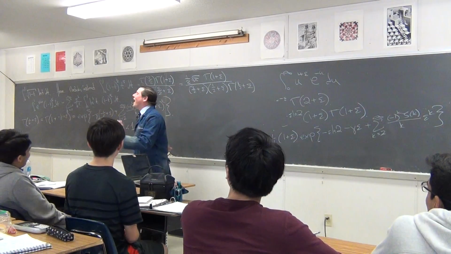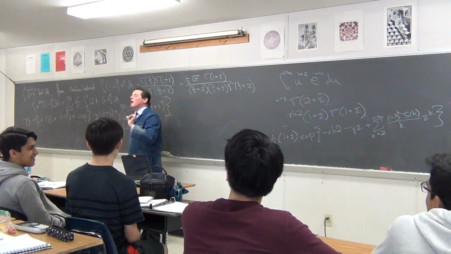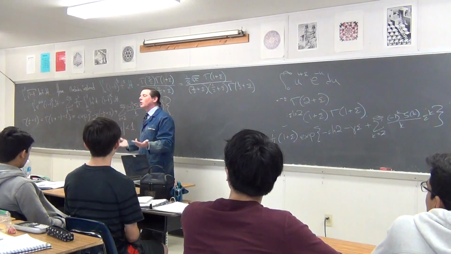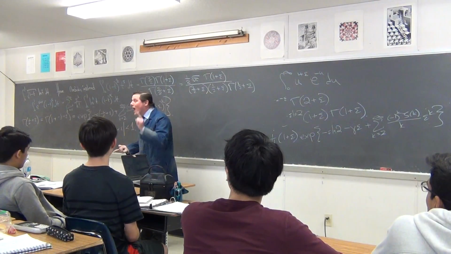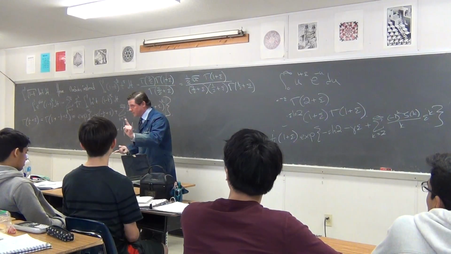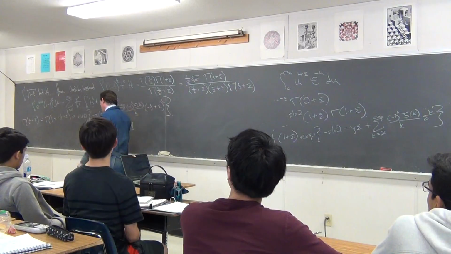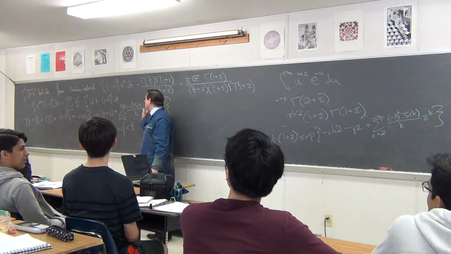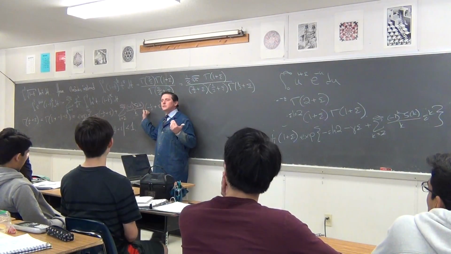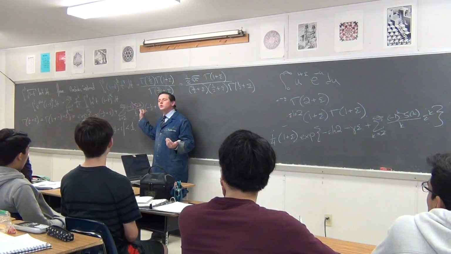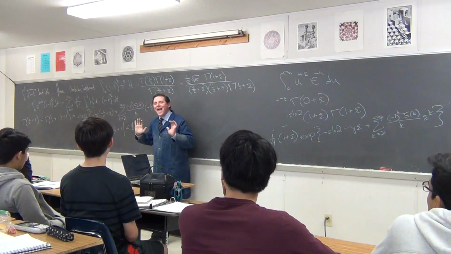That's true. But what did we want? We wanted the coefficient of epsilon. I want you to think very carefully about this. Which terms in this series will contribute to the coefficient of epsilon?